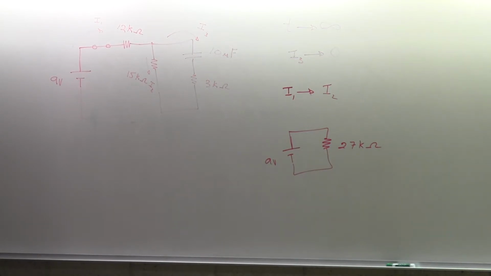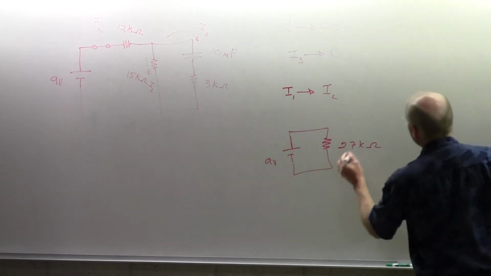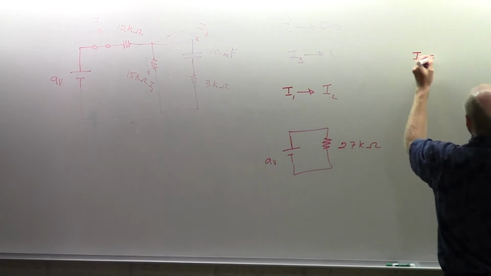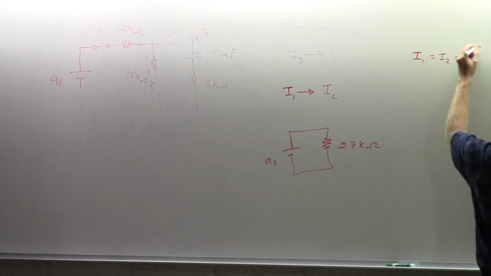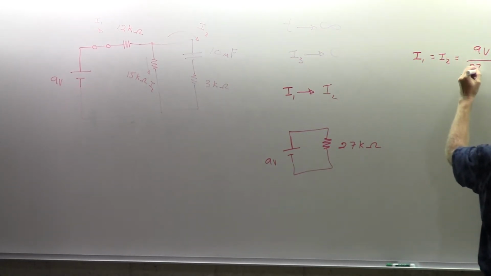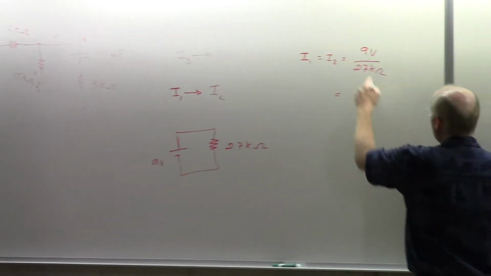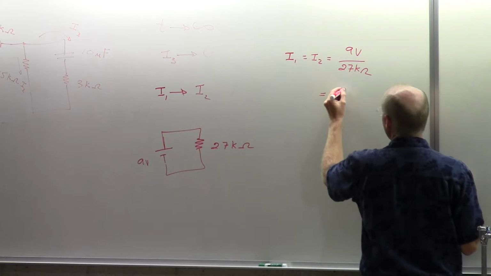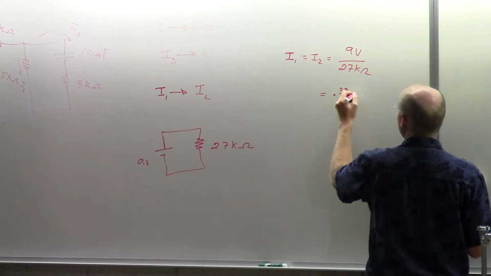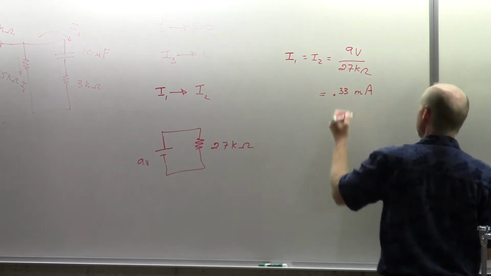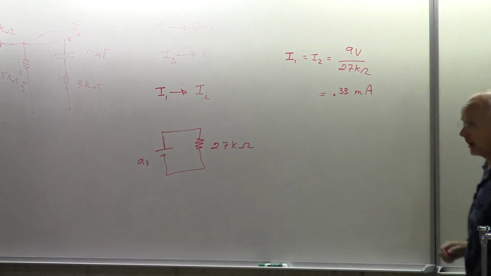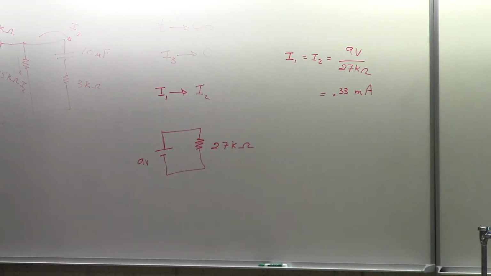And the reason that's helpful is, of course, that gives me that current. And so the current here, that is current number 1 equaling current number 2, does equal then 9 volts divided by 27,000. I guess 9 divided by 27 is a third, and a 1 divided by a kilo is a milli, and so I have a third of a milliamp, right?